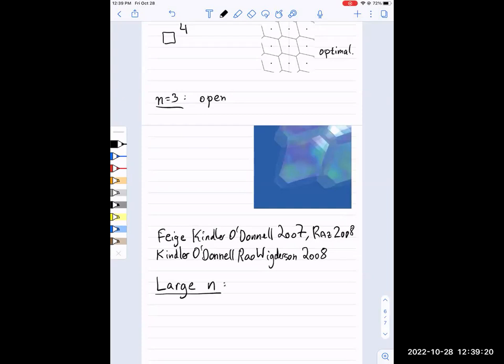For large n, they showed, and this was a surprising result, that such tiles exist that give you surface area of at most 4 pi square root n. This is KORW.